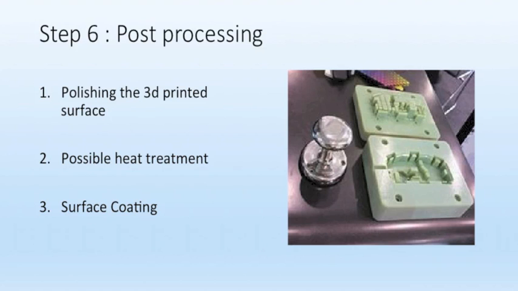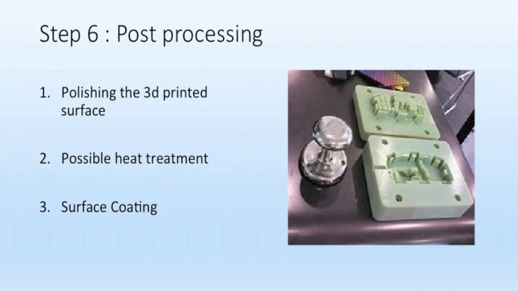You can see the layer by layer pattern due to the 3D printing process. This is also another step in which companies have many trade secrets, and they don't usually tell you how they make their part as smooth or as nice as you see at a trade show, compared to a part that you just get off a machine.